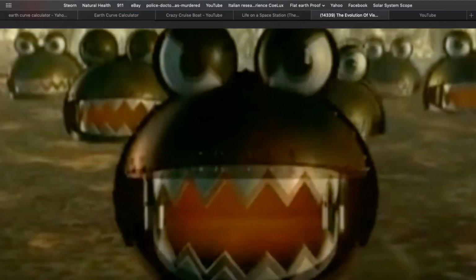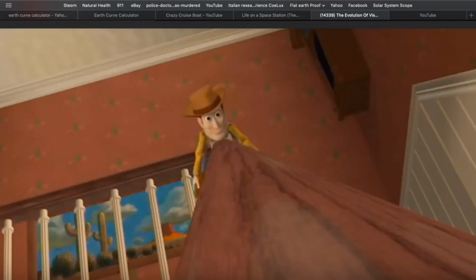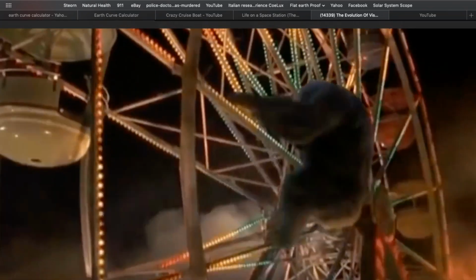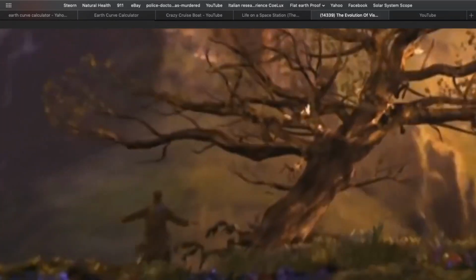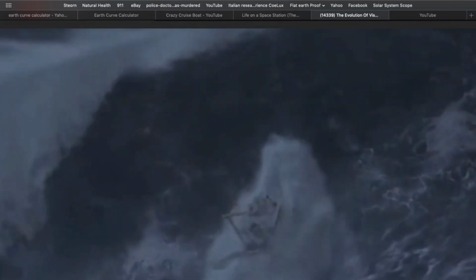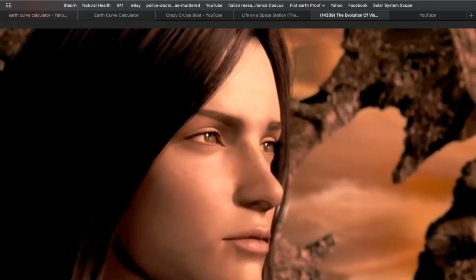Forrest Gump didn't really shake Kennedy's hand. UFOs have not destroyed the White House. Planets aren't real. Can you see a planet? Yeah, not real. Spider-Man.